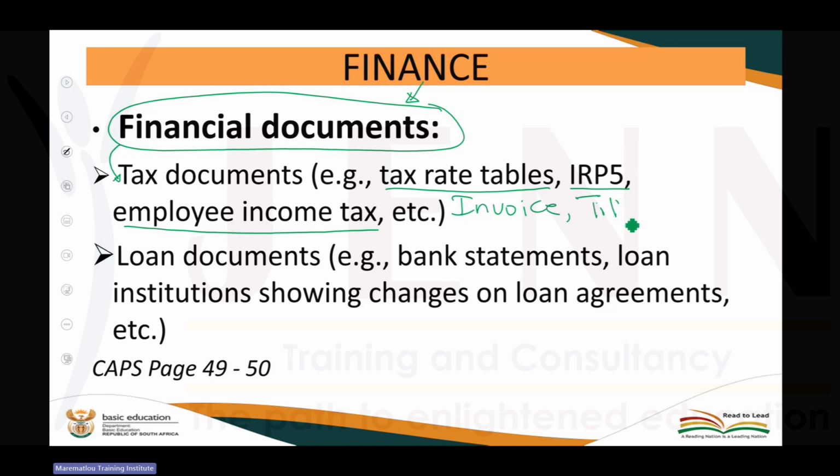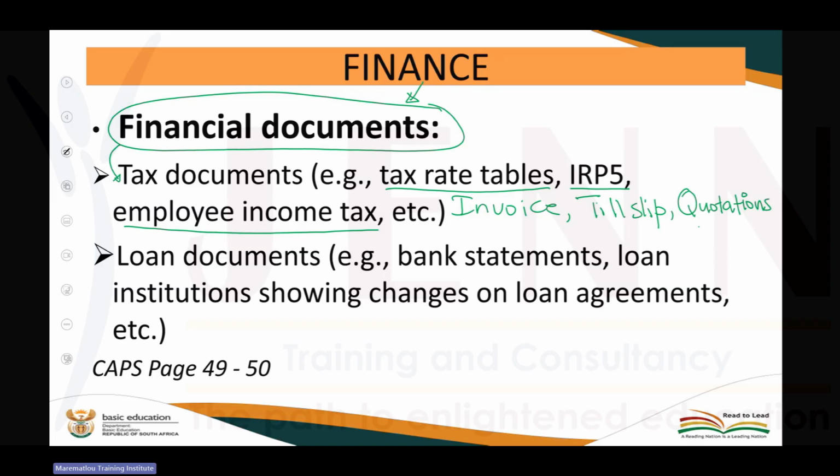Till slip, one of the financial documents. What else? Yes, you are right. Nomfuyo for saying quotations. Good. So over and above the ones written here, I've written invoice, till slip, quotations.